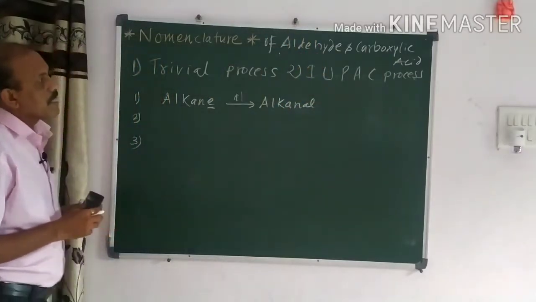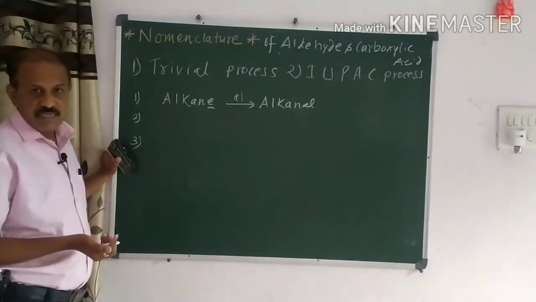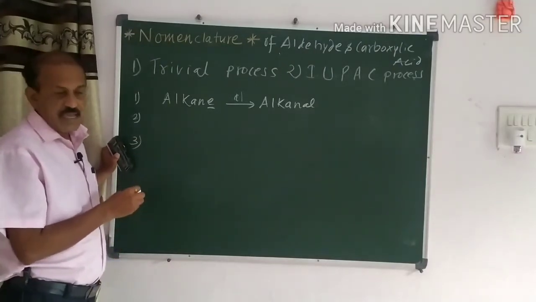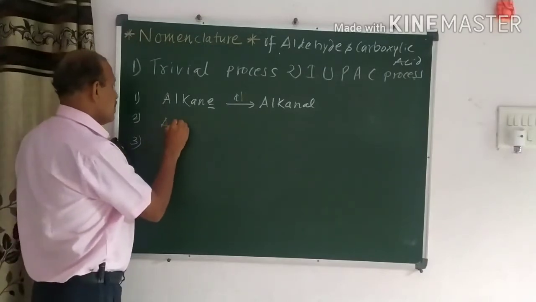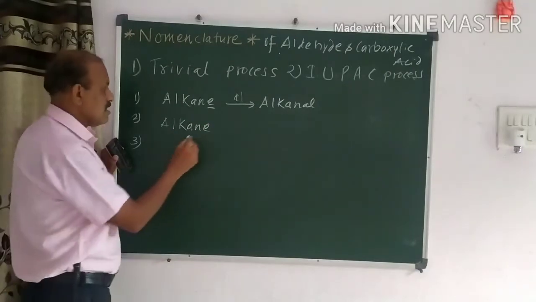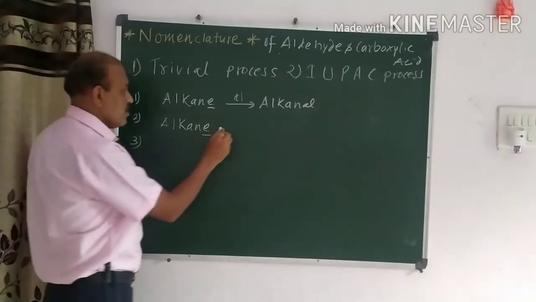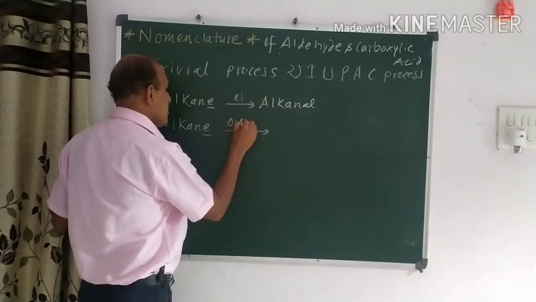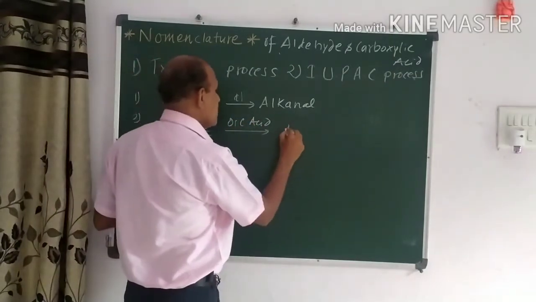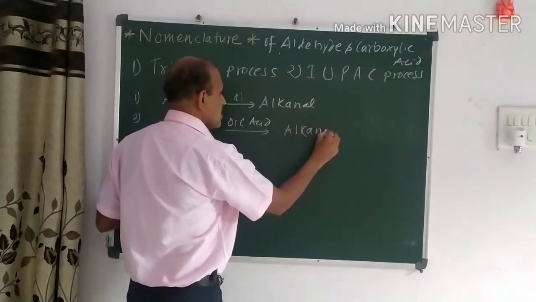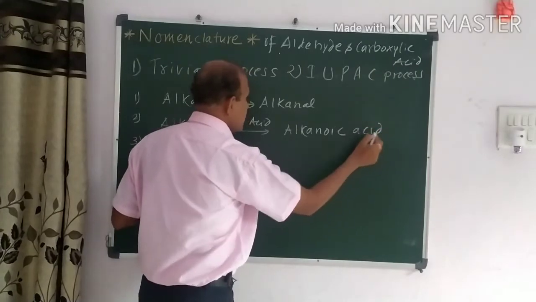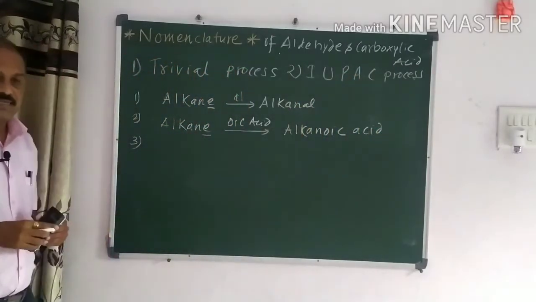In the same manner, while giving the name to the carboxylic acid, we have to predict the corresponding alkane of the carboxylic acid. From this corresponding alkane the e is replaced by oic acid, that is alkanoic acid. This is the IUPAC name which is given to the carboxylic acid.